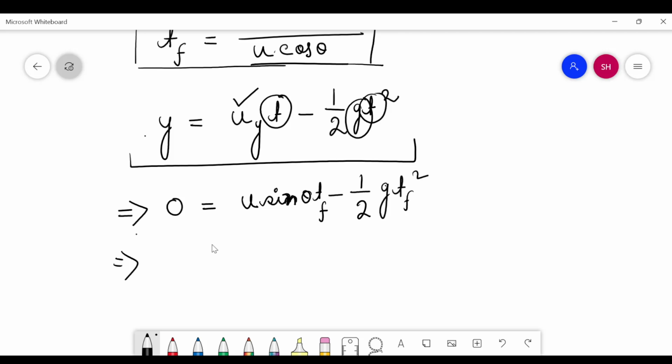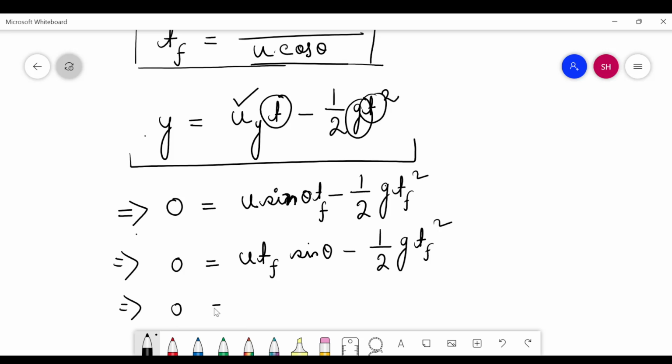So what we can write here is 0 equal to u time of the flight sine theta minus half g time of the flight square. So if we take T_F common, it will stay like this: u sine theta minus half g T_F.